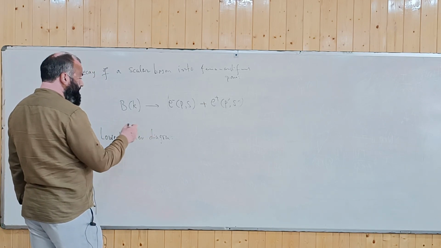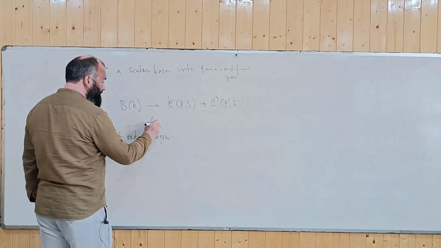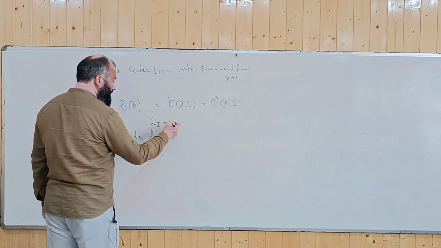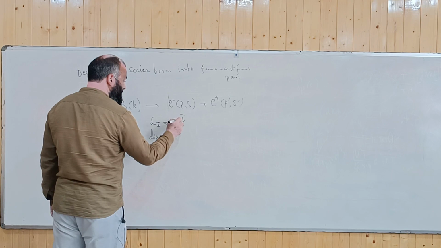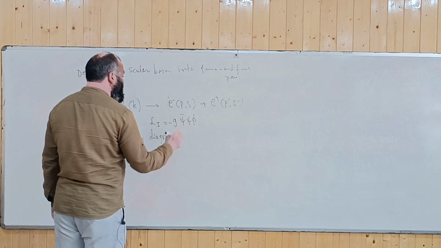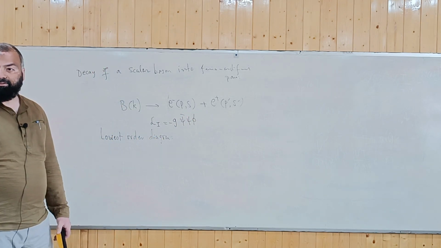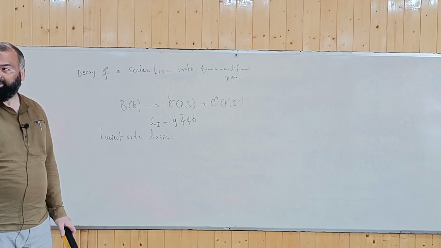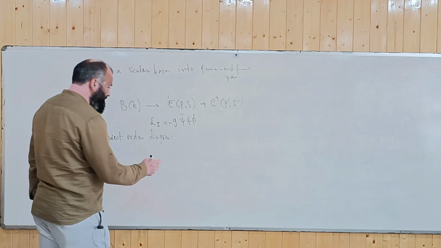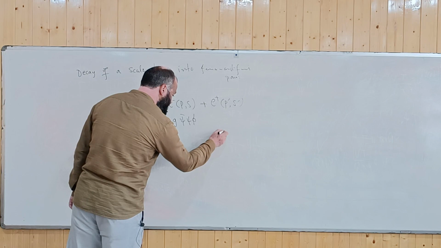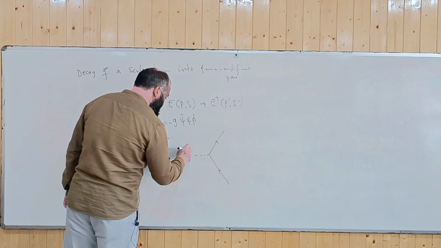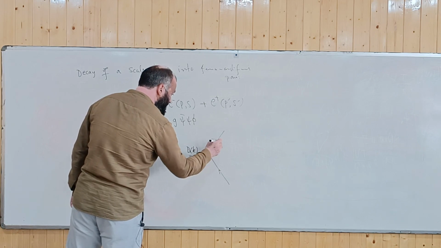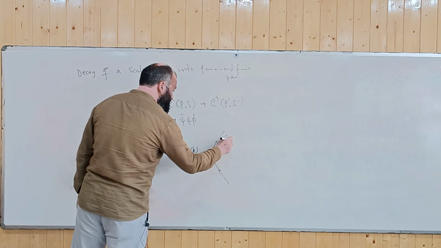This process happens through the Yukawa interaction, minus g psi bar psi phi. I am considering this process to happen through Yukawa interaction. So the lowest order diagram is like this. This is your k, and this is p, s.